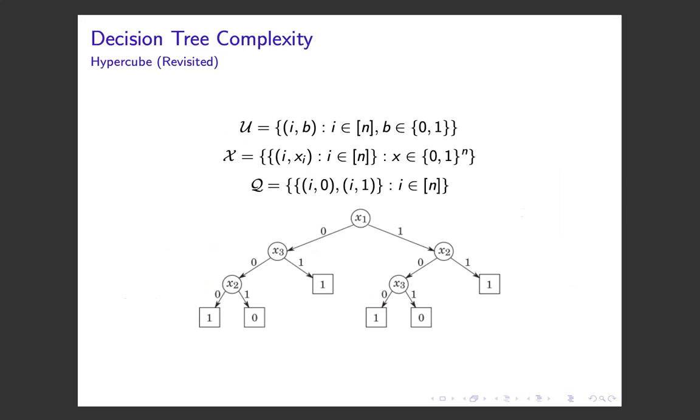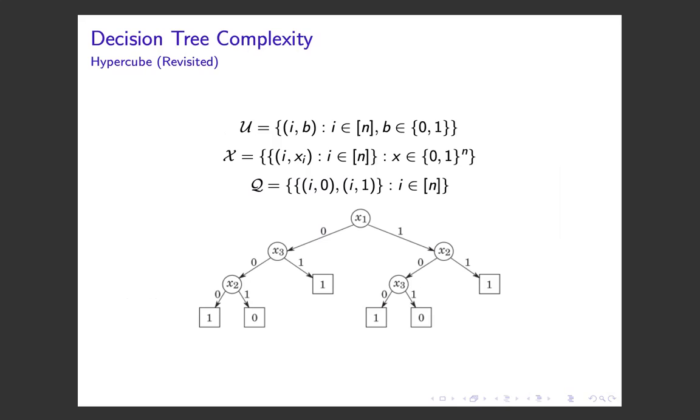Okay, so let's now talk about decision trees. Let us revisit how we did this in the hypercube. Recall that for the hypercube, my universe was just these tuples where I have an element from 1 to n and a 0 or 1 in the next position. We can define bit strings as n-subsets of this universe U. Now my queries, remember, have to intersect each member of my domain exactly once.